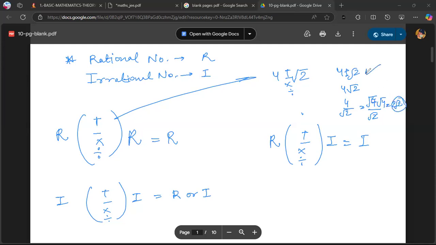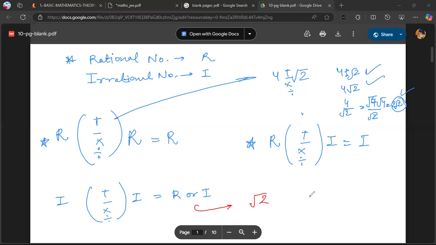So this is also irrational, this is also irrational, this is also irrational. So this is the example of our second property. Clear? Yes, sir.